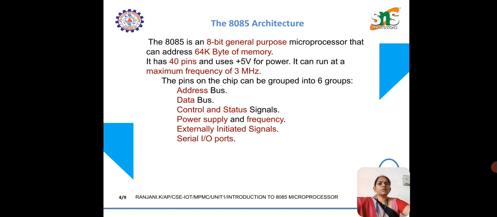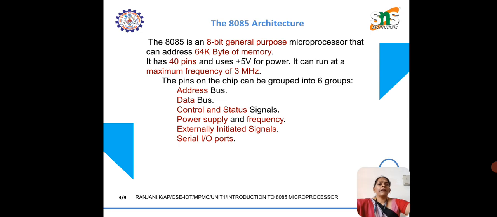It has a 16-bit program counter and a 16-bit stack pointer, and six 8-bit registers that are paired as BC, DE and HL. It requires a 5 volt power supply, operates at 3.2 megahertz frequency, and it has serial input and output ports.